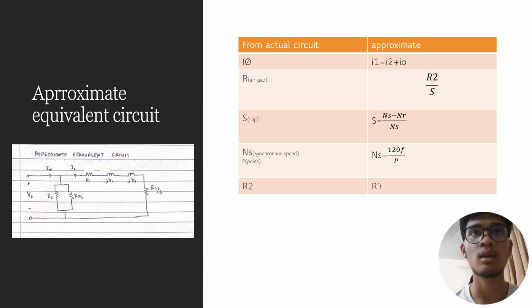R air gap, which is the resistance of the air gap, is obtained from the formula R2 over S. S is slip. Slip is obtained by the formula using the synchronous speed. And R2 is the R prime, which is the resistance of the rotor.